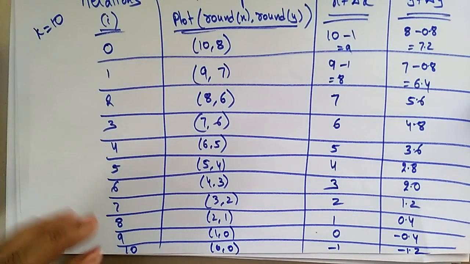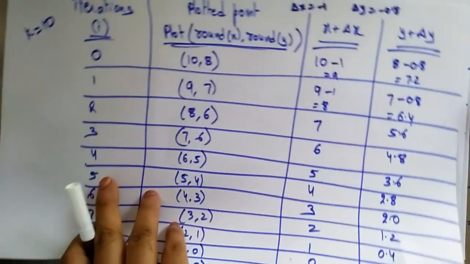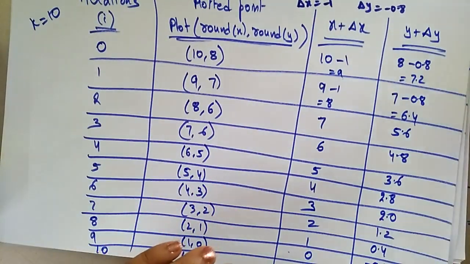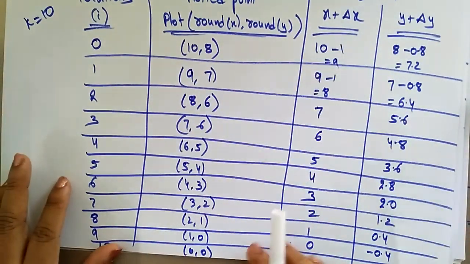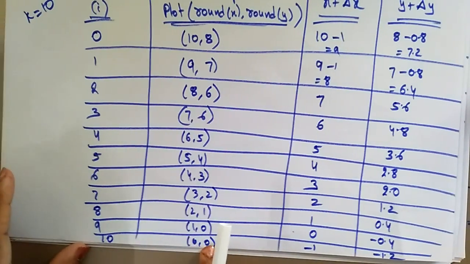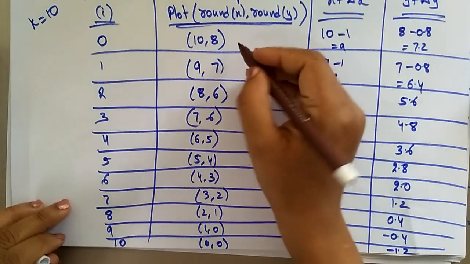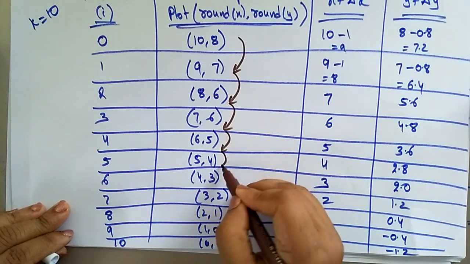According to our question, the starting point is (10, 8) and the end point is (0, 0). These are all the points that you have to plot on the graph.